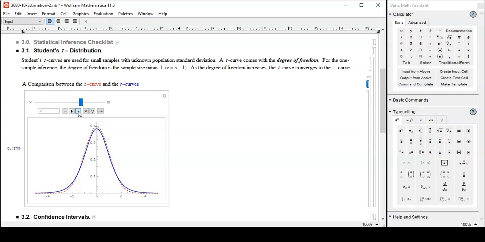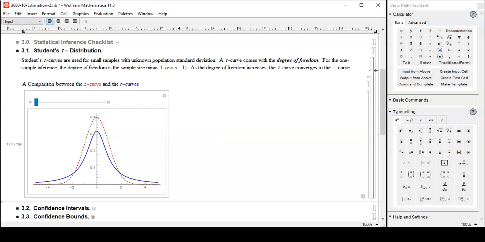As you can see, the blue curve approaches the normal curve. And if nu goes to infinity, then the limiting curve will be the z-curve. So if the sample size is sufficiently large, then it's okay to use the normal curve.